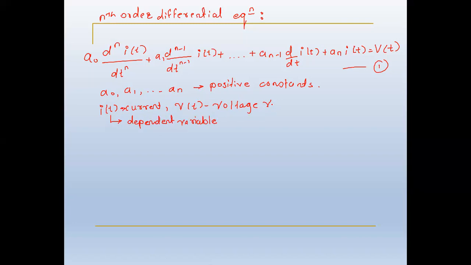The notation v(t) indicates the voltage applied to the network, and because of it, the current i(t) is produced. So i(t) is the dependent variable, and v(t) is known as the independent variable, because it is not going to vary.